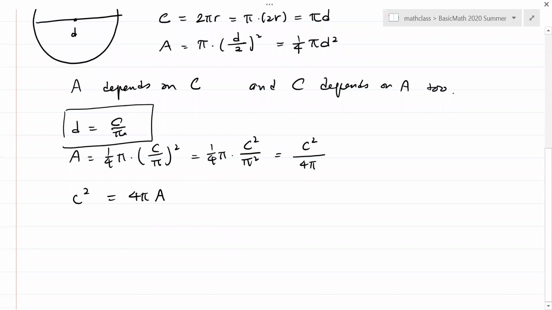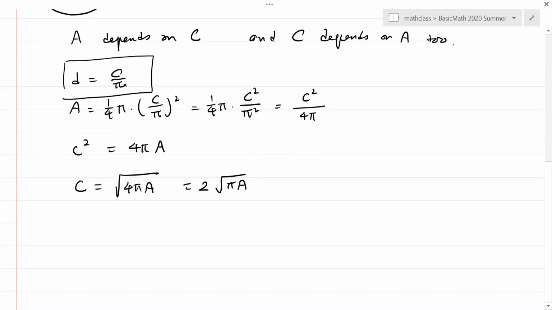Then C is going to be the square root of 4 pi A. Very simple. Sometimes you can get an integer, sometimes you will not, but at least you can take the square root of 4 out. It's 2 times the square root of pi A. Anyway, so the circumference and the area have this relationship.